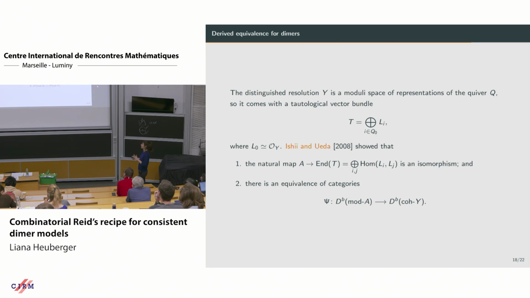But more importantly, they show that there is an equivalence of categories between finitely generated A-modules, again, A is this path algebra that we have, and coherent sheaves on the resolution. Okay? But we are looking for this kind of derived equivalence, and this comes from exactly T somehow. We are looking for this kind of derived equivalence because we're trying to chase objects from this left-hand side to objects on the resolution.